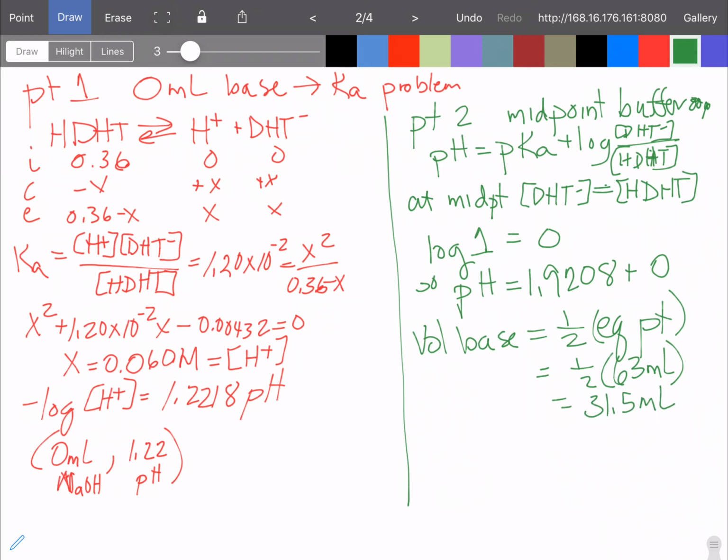So when we work this problem, we now have a volume of 31.5 milliliters of sodium hydroxide, and our pH is 1.92. So that's our point 2.